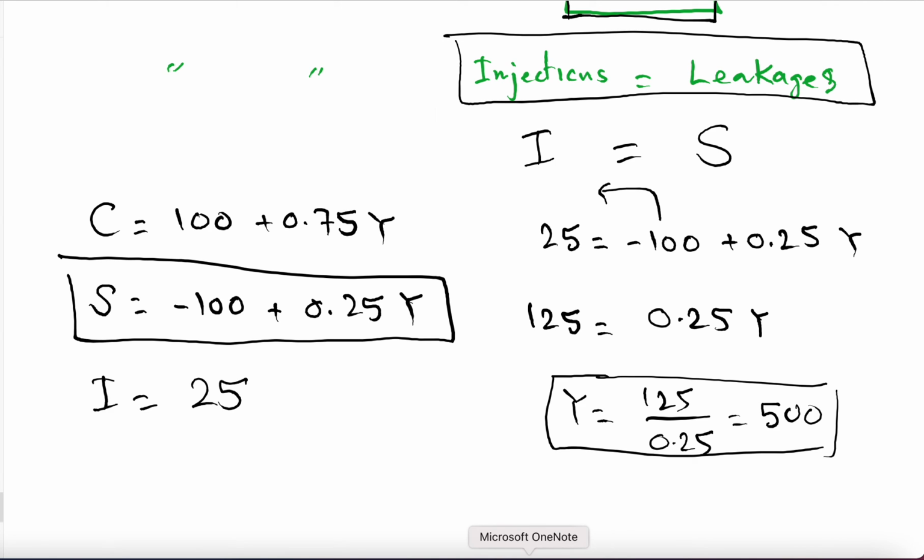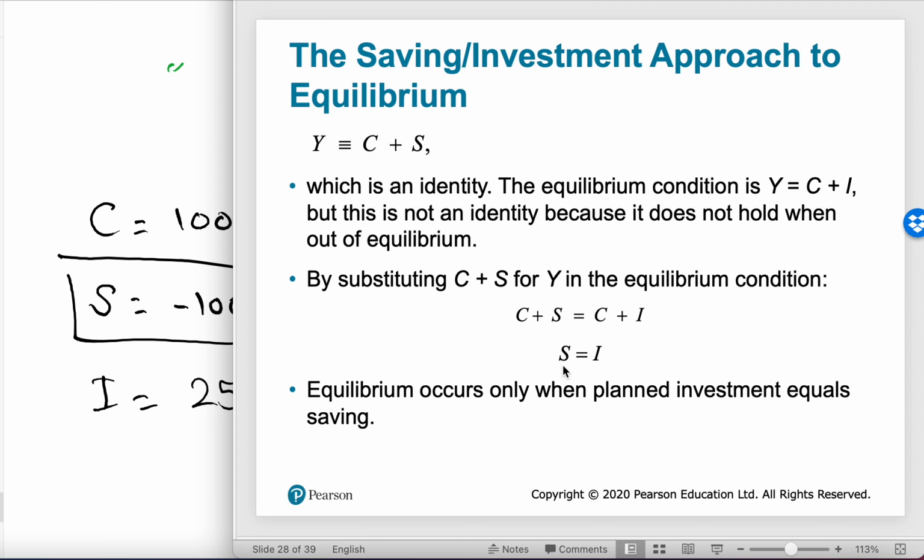And this is also explained in the book, that equilibrium is S equal I. This is actually coming from that identity.